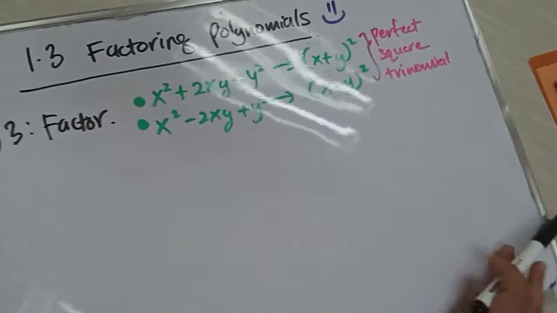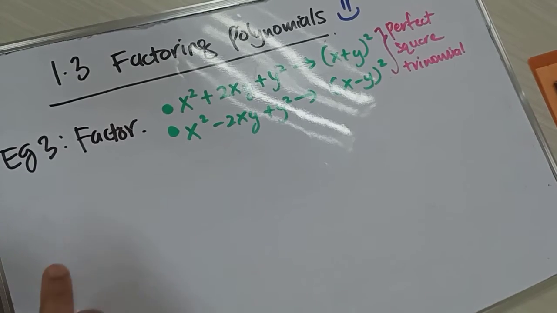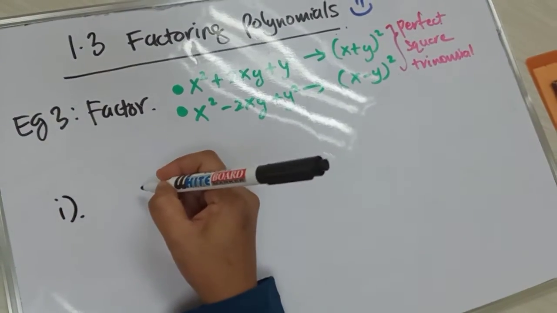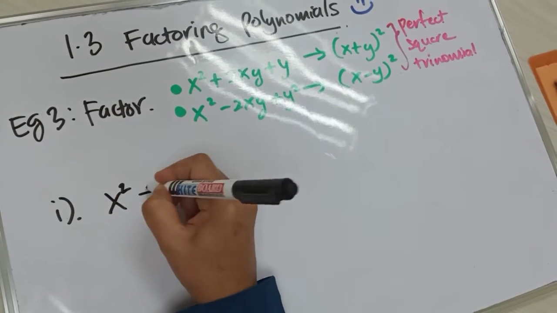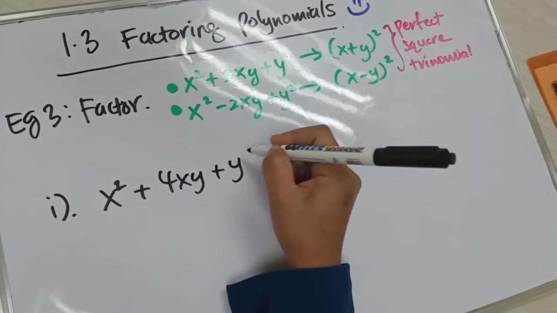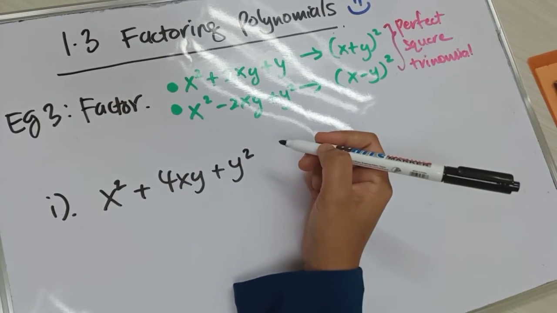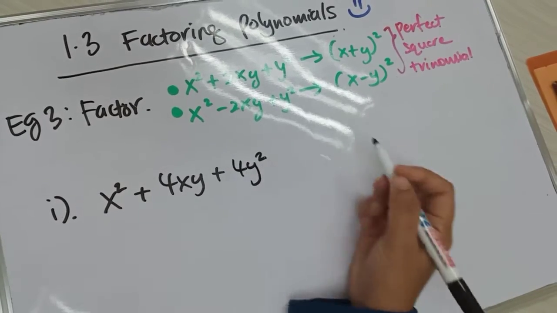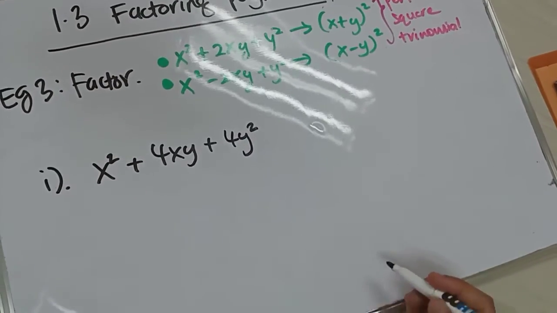Okay, so the first example, the question is x square plus 4xy plus 4y square. Okay, how can we put in bracket?